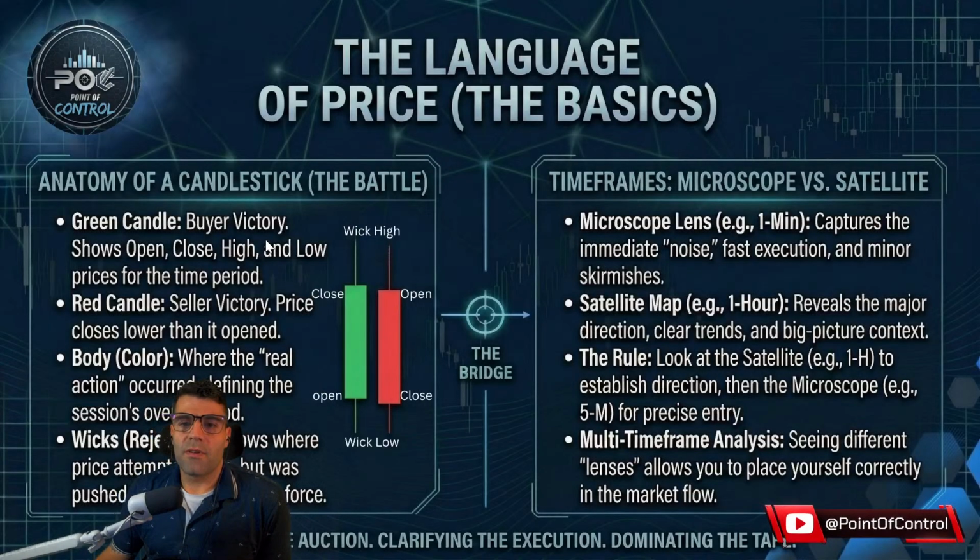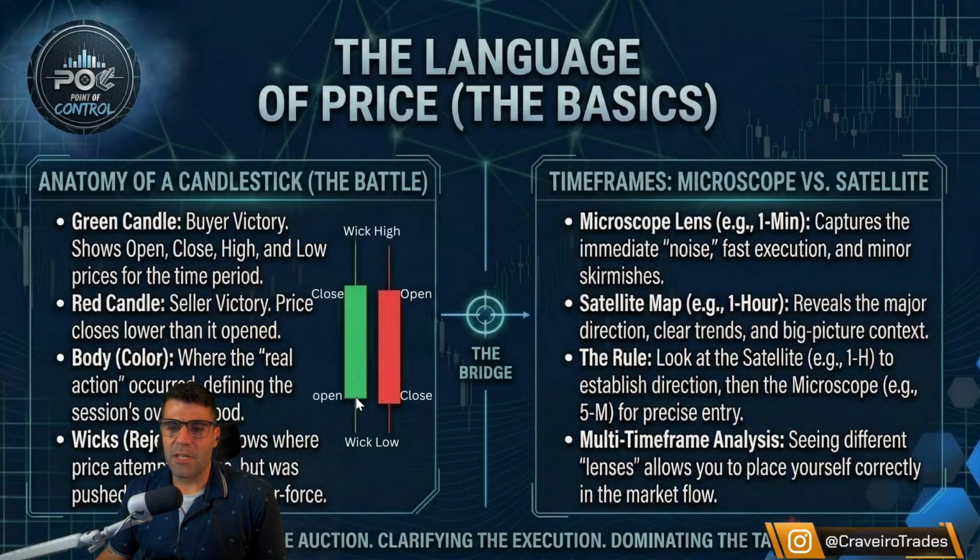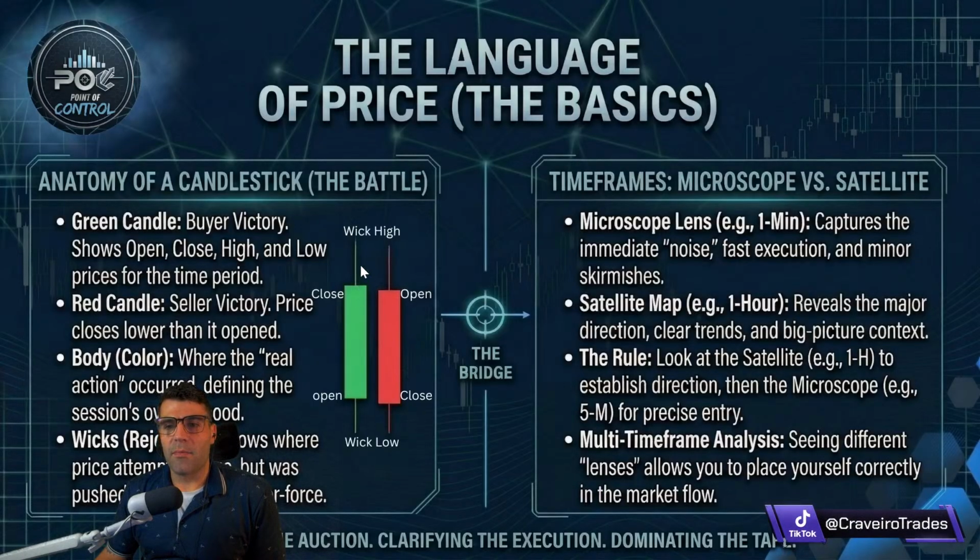So the green candle, you have the opening price. Green candle will be at the bottom of the body is the open, close is the top. And a wick means that price had pushed all the way up here, but then it retraced back down. So this would then be a wick, just showing you that this candle did have momentum to push higher or to push lower.